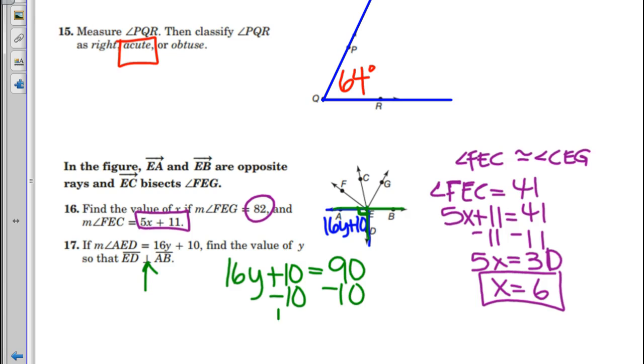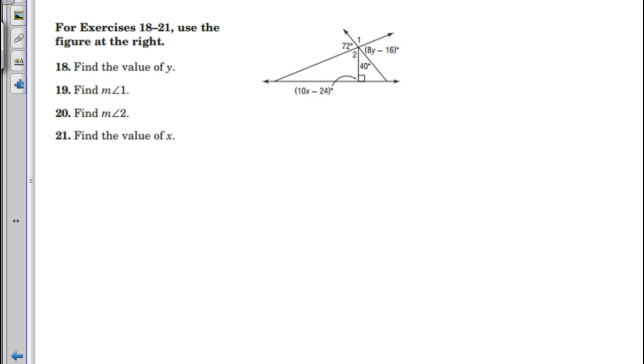Subtract 10 from both sides. 16y equals 80. And then divide both sides by 16. 80 divided by 16 is 5. So y would have to be 5 for that statement to be true, for segment ED to be perpendicular to segment AB.